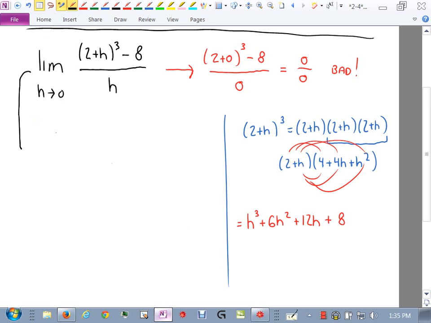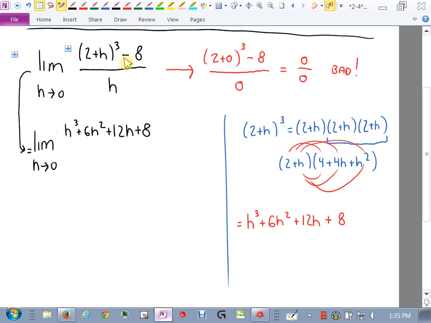So I'm now rewriting this. Do I still write the limit? Yes, because I haven't let h go to 0 yet, right? All I'm trying to do is rewrite it and get that h to cancel on the bottom. My h cubed plus 6h squared plus 12h plus 8 is just this piece right here, isn't it?